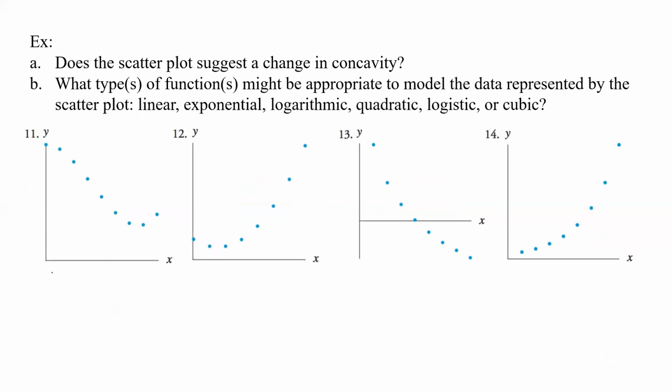So for number 11, what are we going to say? Well, does it have a change in concavity? Well, it looks like it's concave down here and then concave up here. So for A, I would say yes. What kind of functions would we have here? Well, looks like we're going down. Now this part, we maybe could use logistic, but look at this, we're going up.